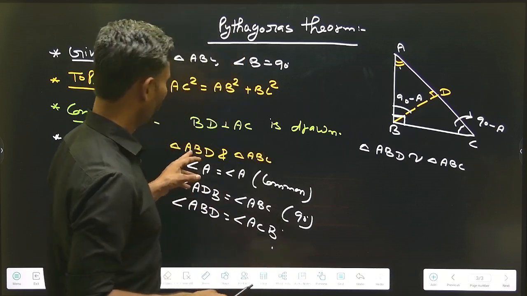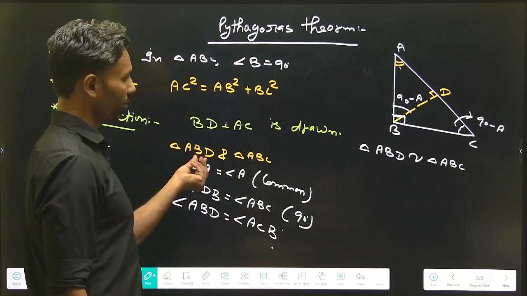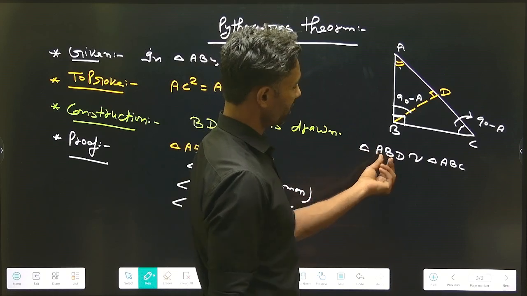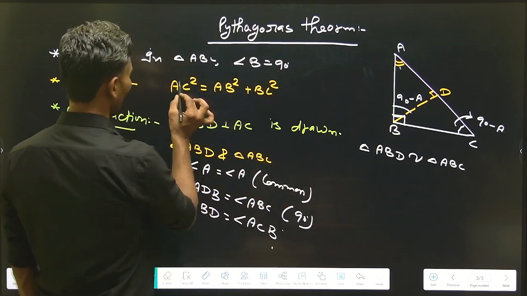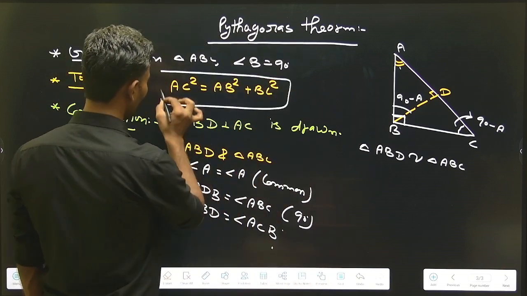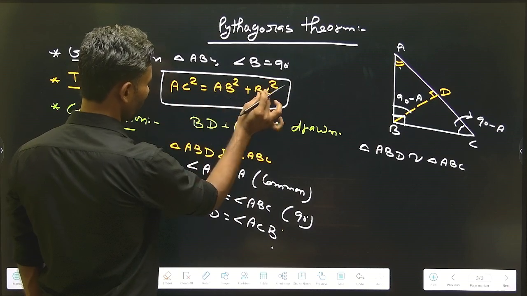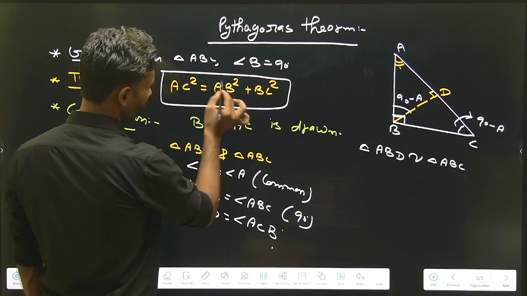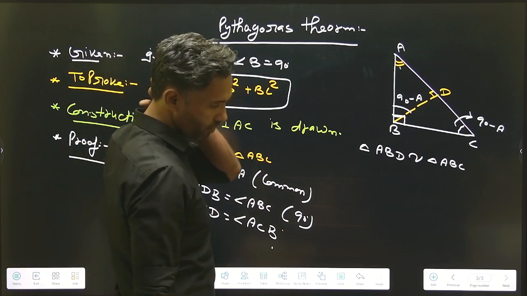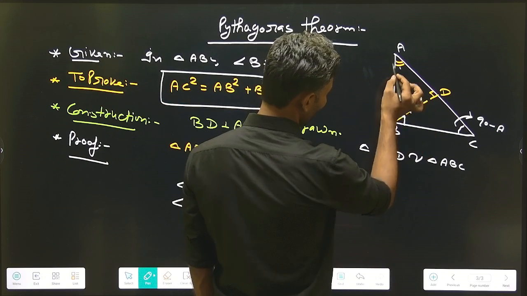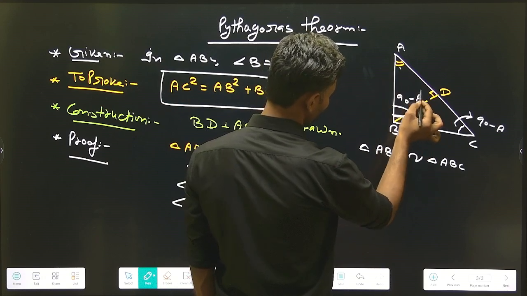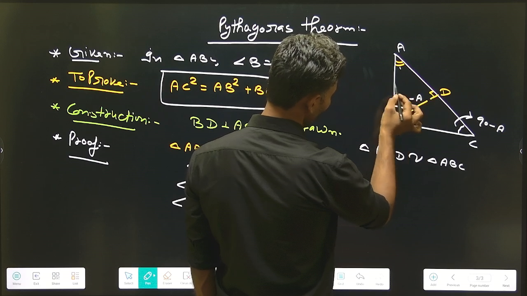So firstly we will start from triangle ABD, because triangle ABD is written at the first place. In the condition here we have to prove AC square equal to AB square plus BC square. So the square of AB is used here, so firstly we have to take side AB. In triangle ABD, side AB is opposite to 90 degrees.